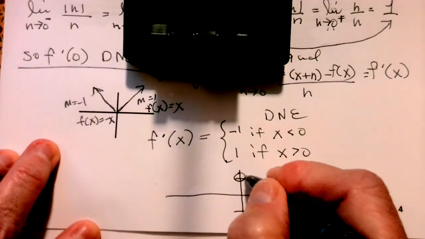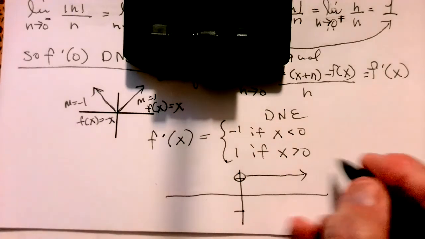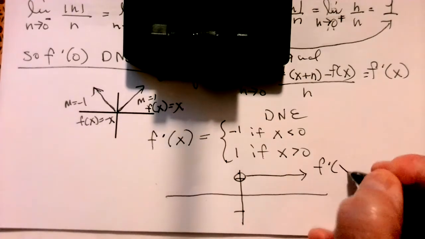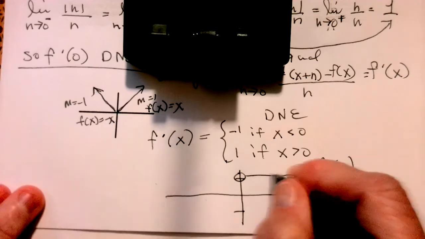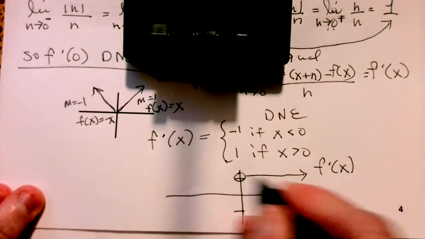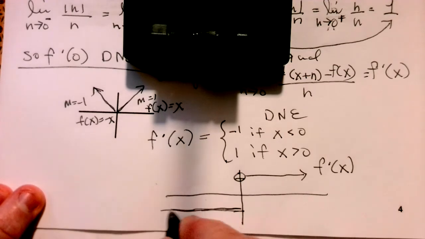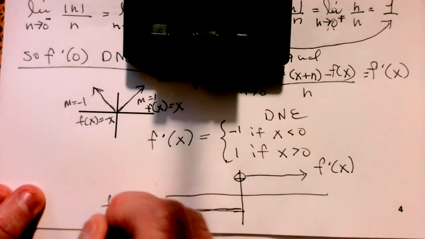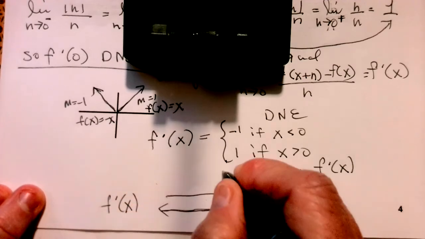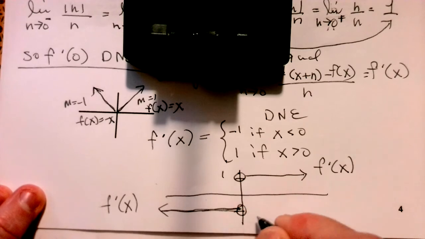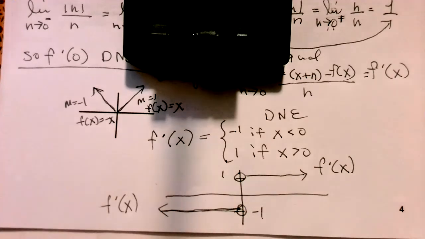So it's not going to exist here, but it's going to be at 1 when x is positive, and then it's going to be at minus 1 when x is negative. And this should be an open circle. So if you see a function and its derivative looks like this, it might be an absolute value function.